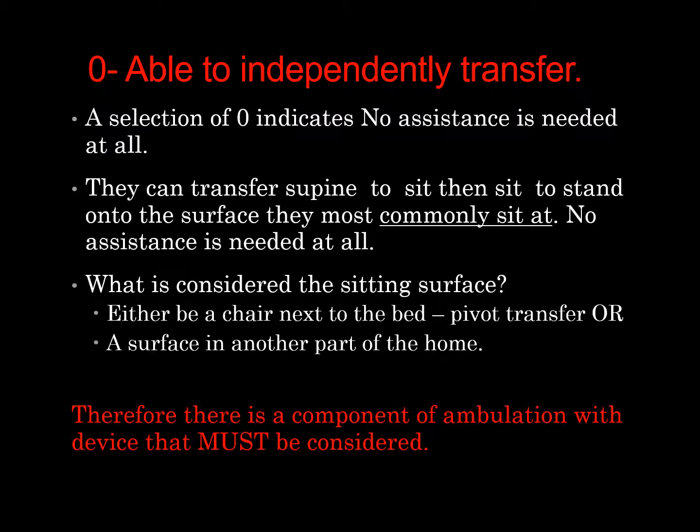They could stand up, and they could pivot into the chair with no problems, or they could walk to their surface with no problems, and that surface may be in another room. This also considers that they're not using a device of any sort to do that. So remember, 0 literally means this patient has no help at all and no device in order to transfer.